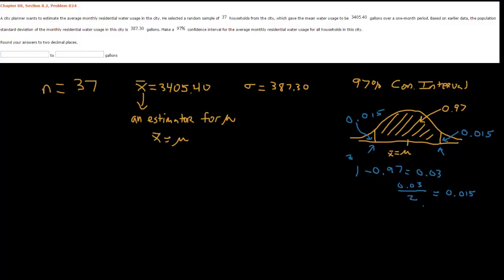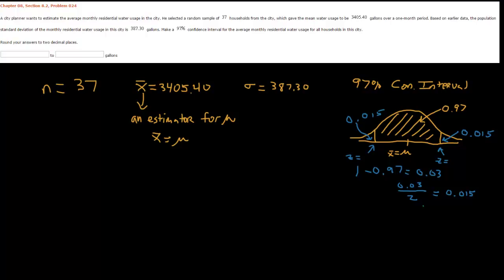Well, we did this in chapter 6, when we reversed the process of being first given a z-value and finding a probability. Here we're given a probability to the left of z when z is unknown. So here the area to the left of z is 0.015. Over here the area to the left of z is 1 minus 0.015.